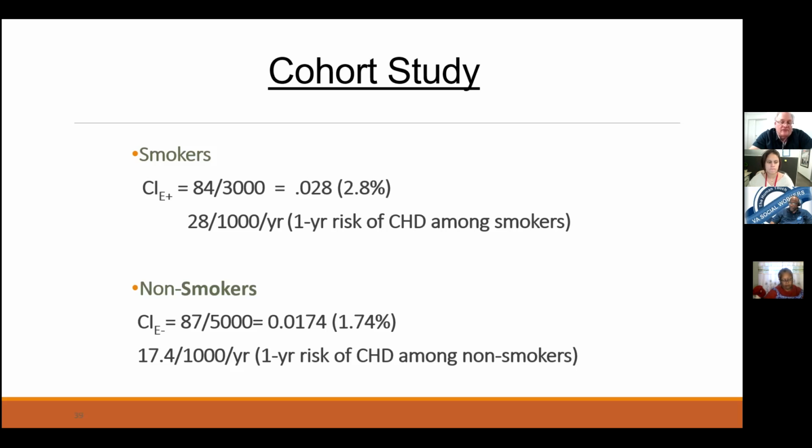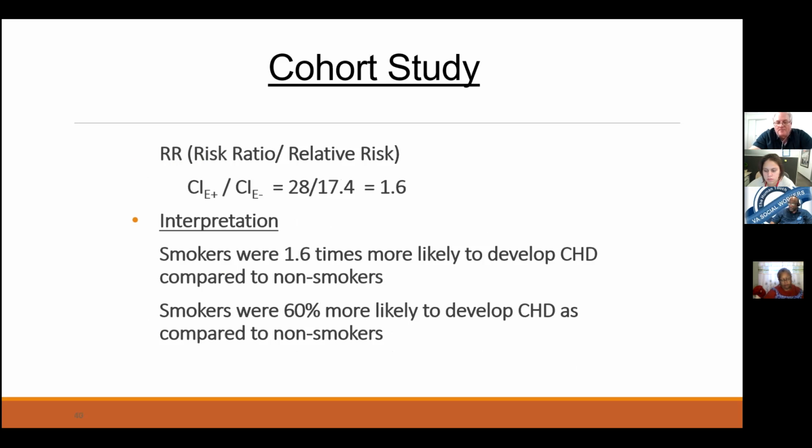So, is that different? For example, these are pretty rare outcomes, but is 2.8% meaningfully different from 1.7%? You might say no, because it's a pretty small difference. But is that difference real or is it just due to chance? That's kind of what the p-value ultimately is. So typically in a study like this, they express it as a relative risk. If I just took the ratio of those 2 incidence rates, the relative risk would be 1.6.